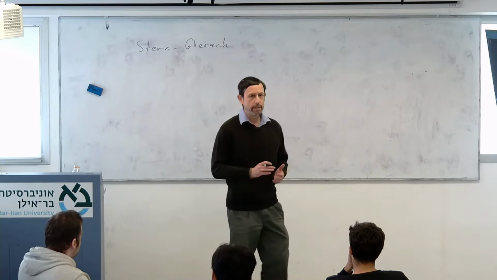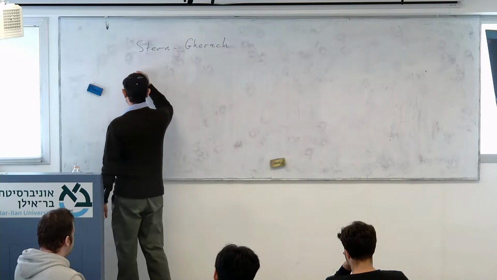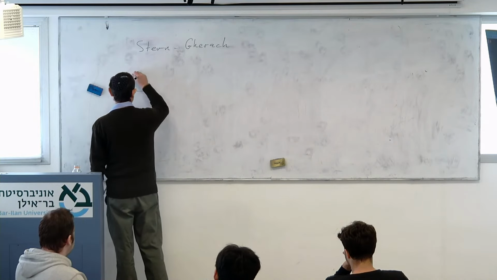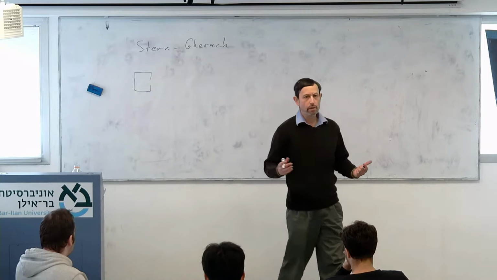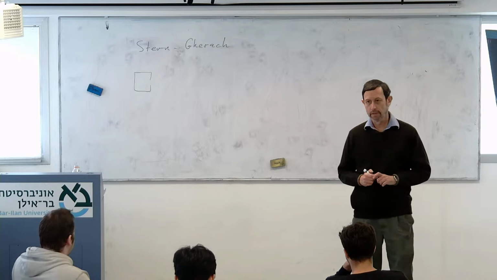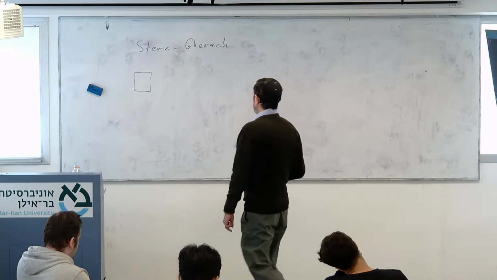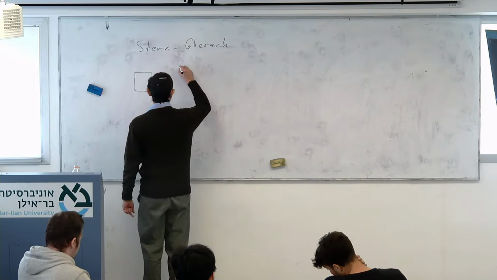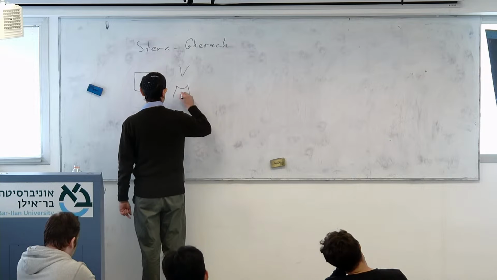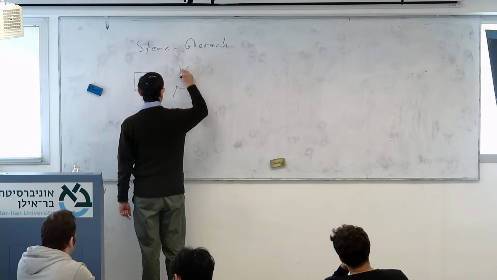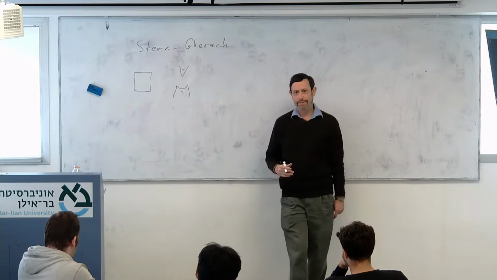So what is done in the Stern-Gerlach experiment? Basically, you have some source of atoms. You have a magnetic field, so north, south. This is actually 90 degrees.